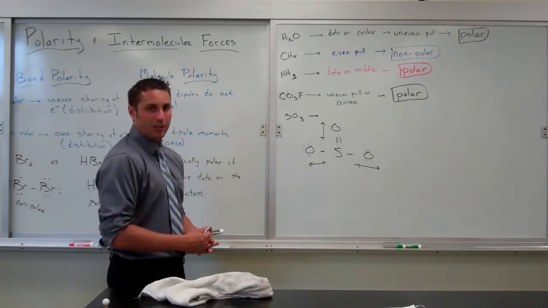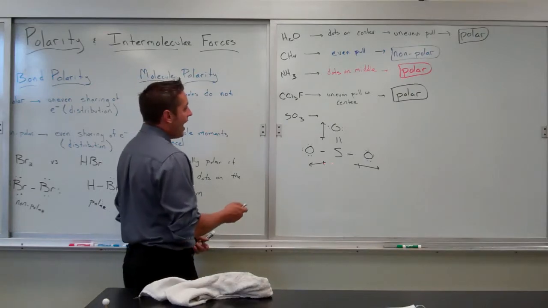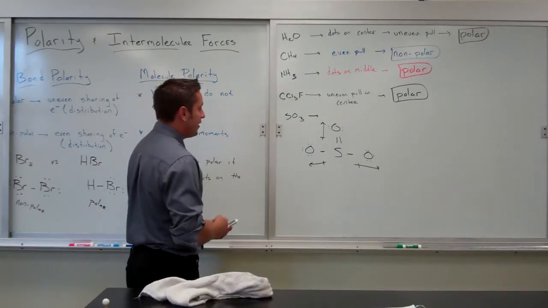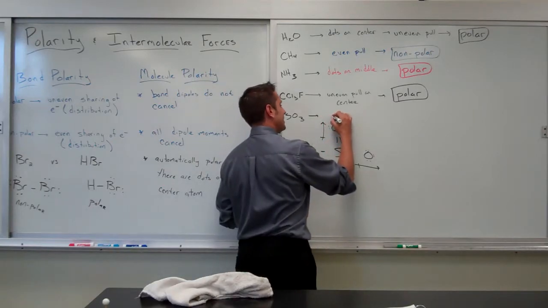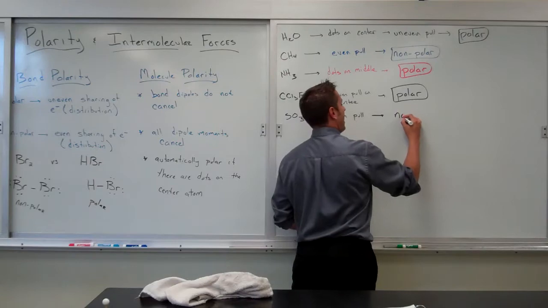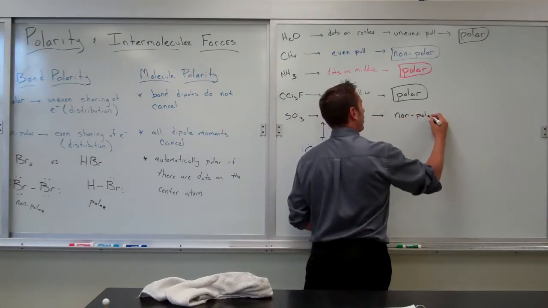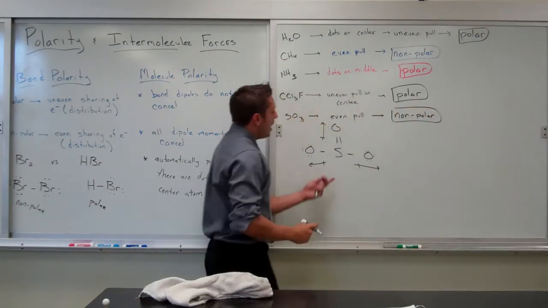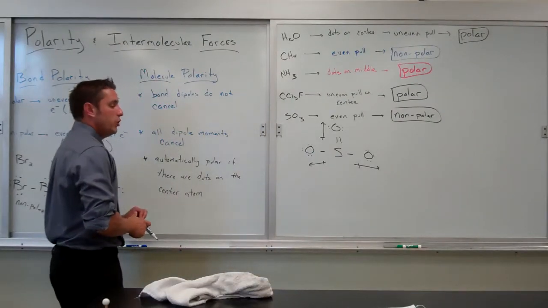They all attract electrons the same way. So if I have 3 O's around it, even if one is double bonded, this is an even pull on the center atom, leading to a non-polar substance.